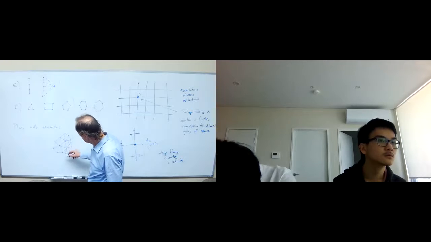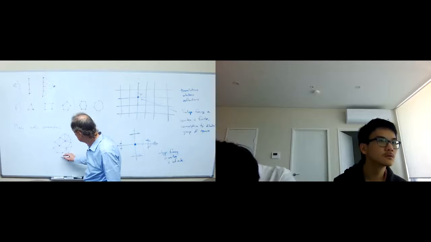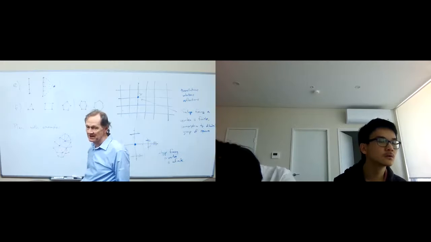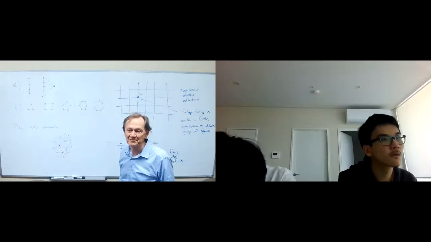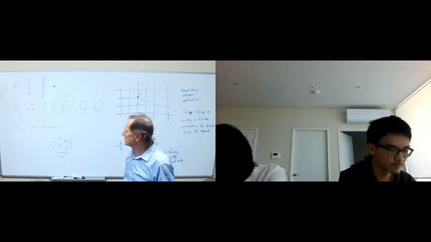And now this one has 1, 2, 3, 4 neighbors, so we have to add 3 more. It's fairly clear that we can continue doing this.